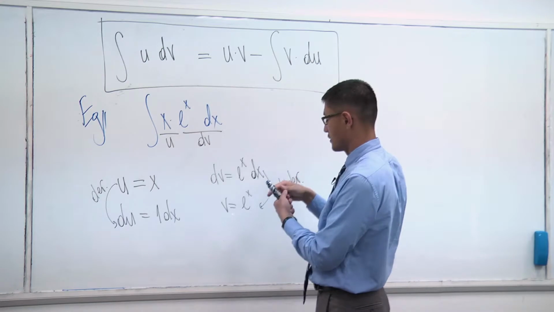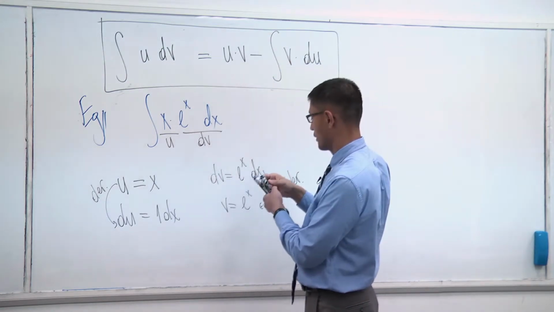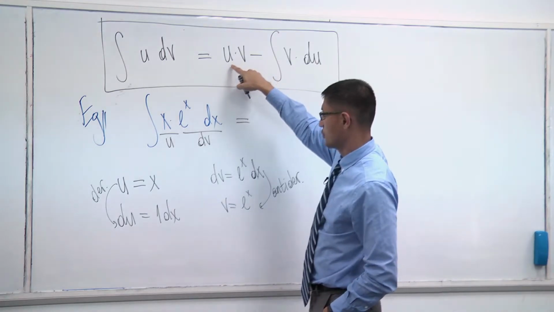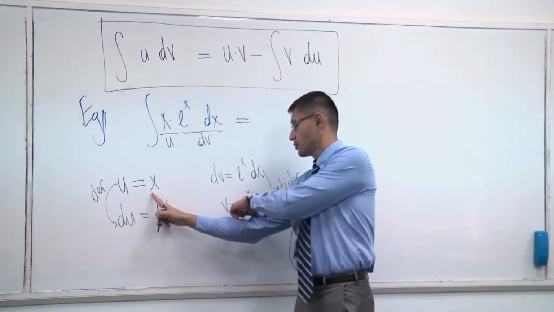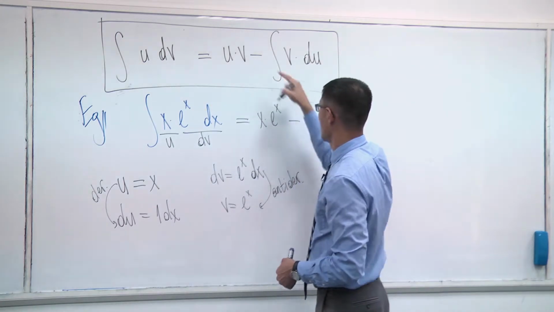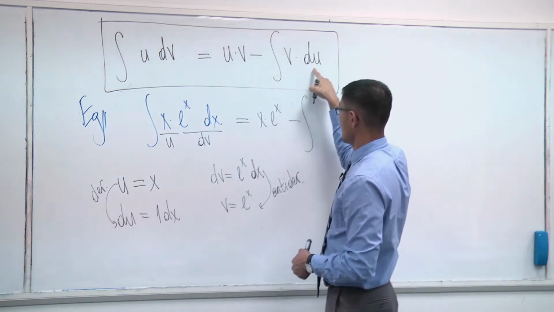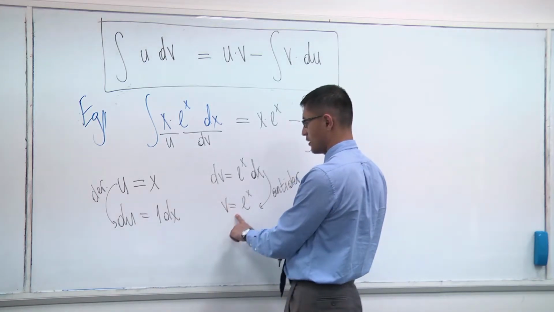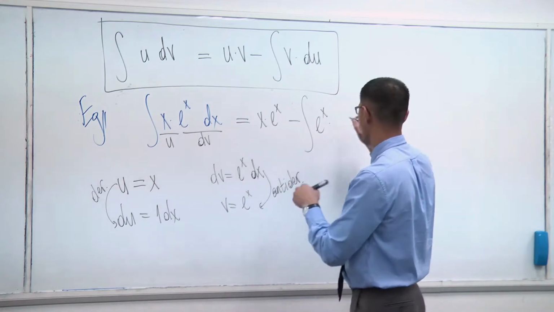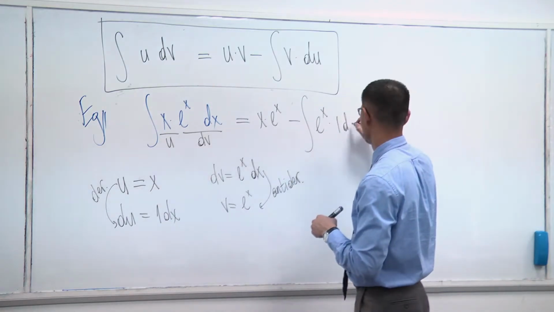Now using u, du, dv, and v, we can substitute everything into this formula and see what we get. First we have u times v, so x times e to the x, minus the integral of v times du. So we get e to the x times 1 dx.